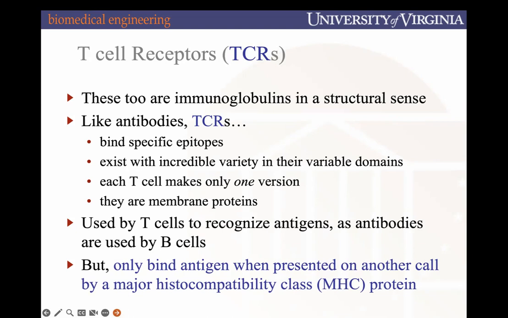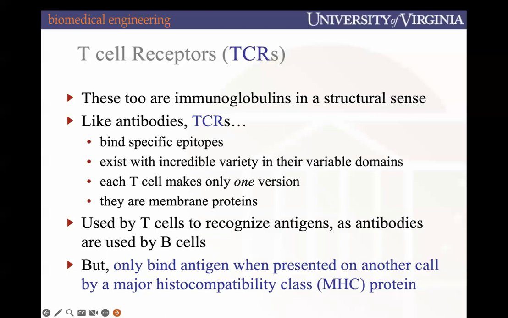And this is the next key asterisk, another piece of the puzzle. We talked about how antigen presenting cells will display antigen; when they display a peptide, they're displaying it to the T cell receptor.